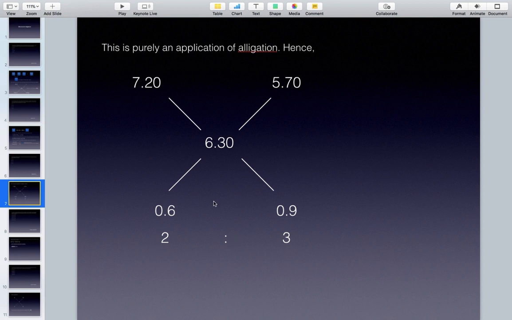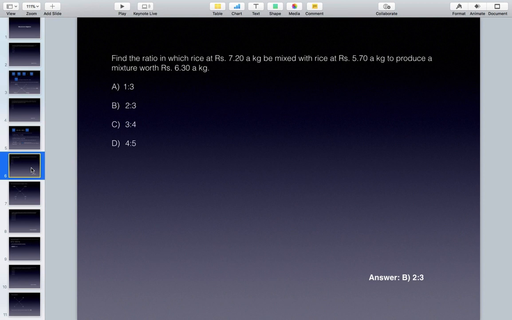Now maybe you will be doubting why we are not writing the cost price of the cheaper here and the cost price of the dearer here. That is not necessary, because we are asked the ratio in which 7.2 and 5.7 are mixed.